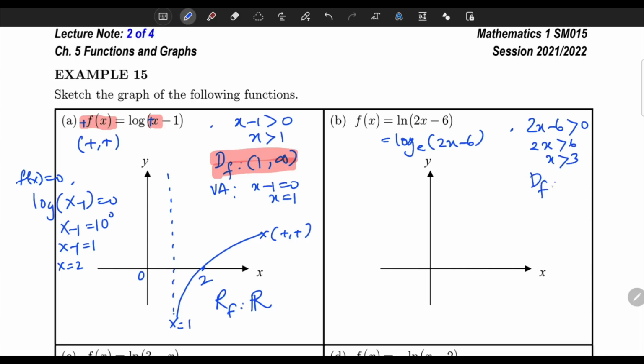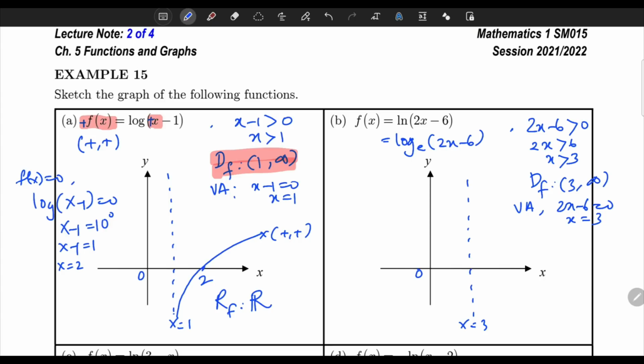So the domain of f will be (3, infinity). Just write it out. Then for the vertical asymptote, 2x minus 6 equal to 0. So we end up with x equal to 3. So find your x equal to 3. This is x equal to 3. So this is your origin.